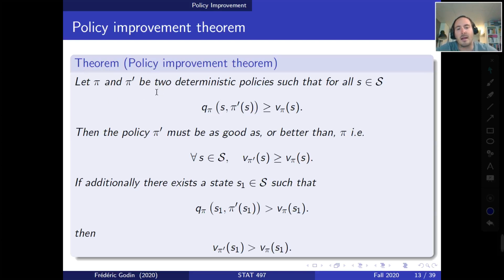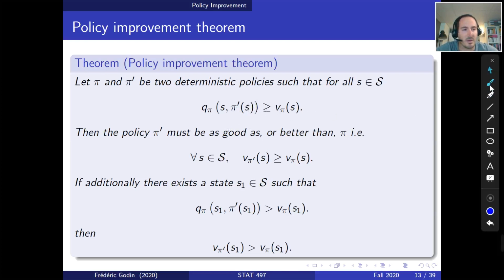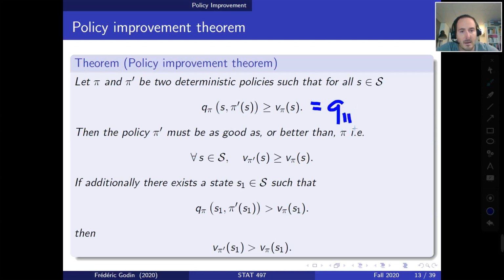And we're going to assume that for all states S, the value of the action pi prime of S in state S is greater or equal to v pi of S. Let's recall this is equal to q pi of S, pi of S. So it's the value function if you select action pi of S in state S.